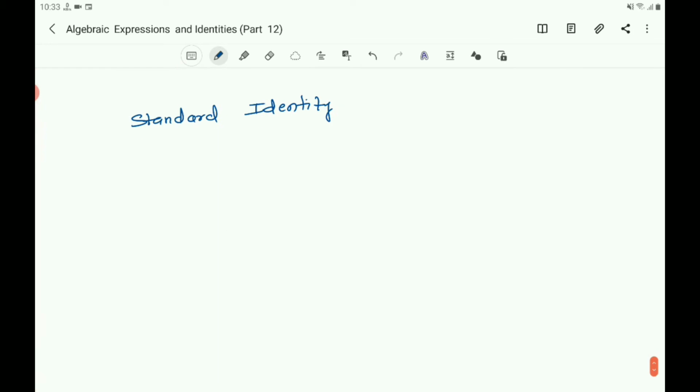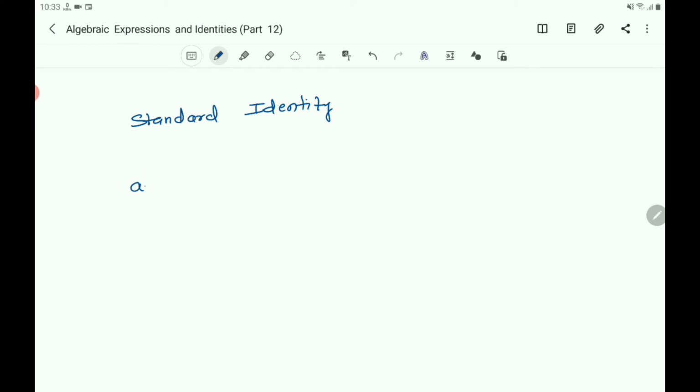So first one, let us take a plus b into a plus b, and also you can take x plus y into x plus y, and this is nothing but a plus b whole square.